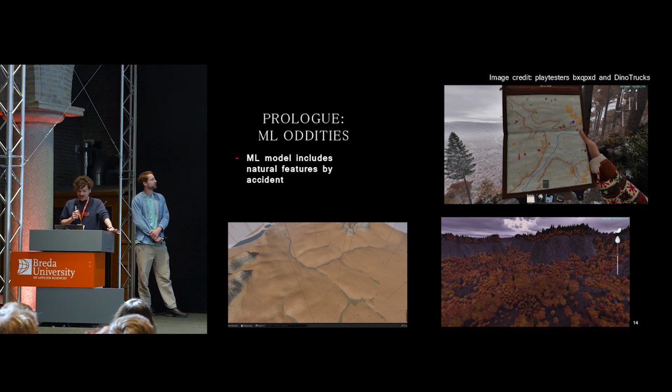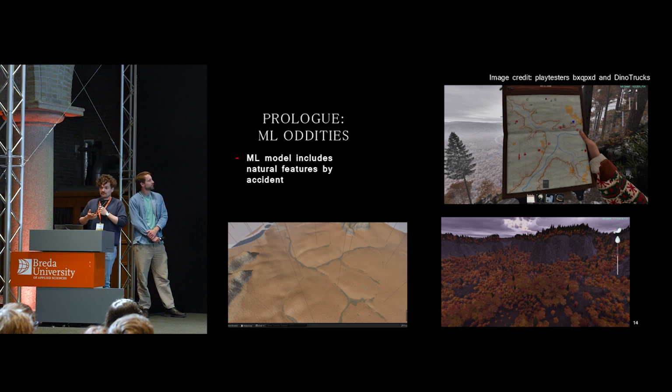So these are things that we never asked it to do, but because it had encoded the concept of what a landscape should be and what the real world should look like, it's great. It's something that came out by accident, I'd say. And on top of that, these erosion patterns are also really important for gameplay.